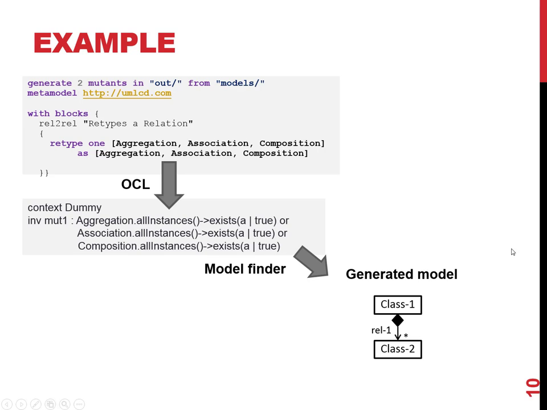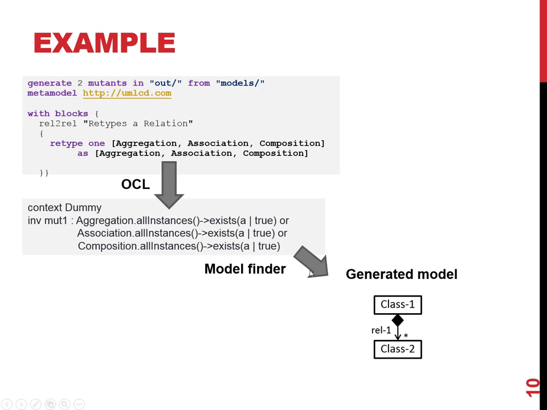Here we present an example of the seed model synthesis, starting from the Wodel program that we are using in this presentation. These are the OCL constraints derived from the Wodel program, which in this case require that the model contains at least one object of types aggregation, association, or composition.